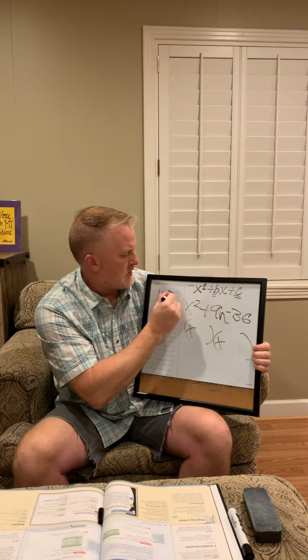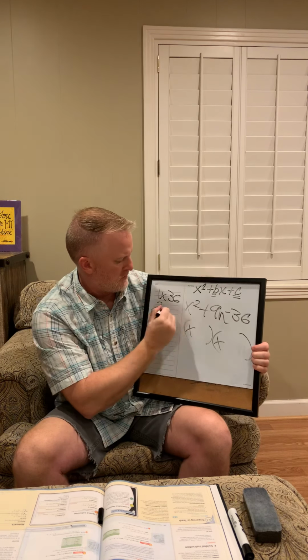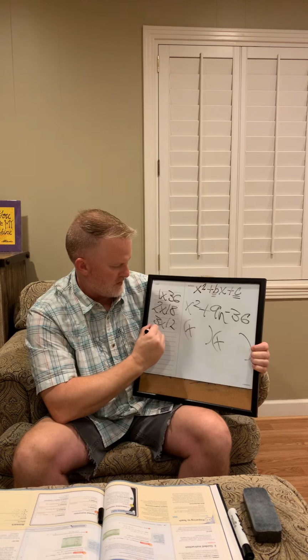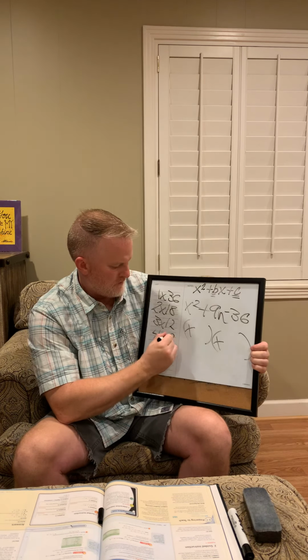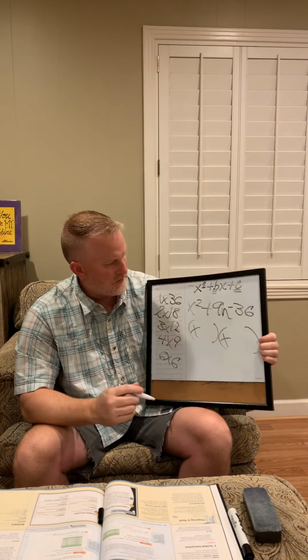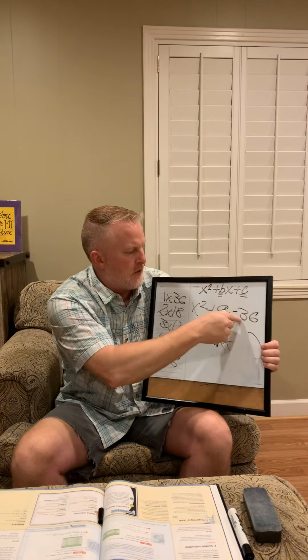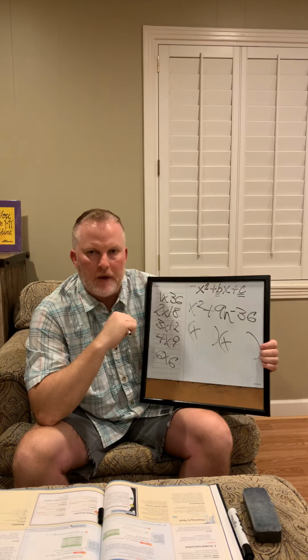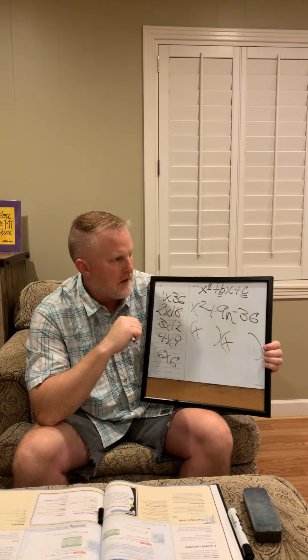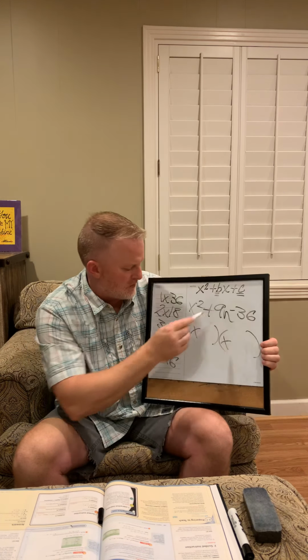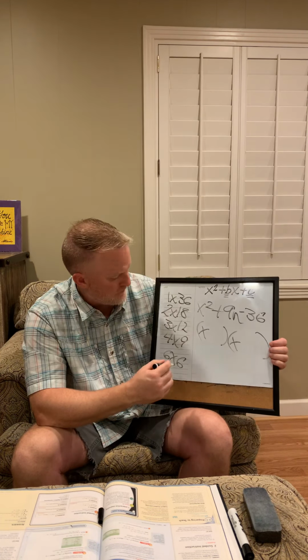So for 36, I can do 1 times 36, 2 times 18, 3 times 12, 4 times 9, 6 times 6. But for 36 to be negative, one of the factors in each one of those pairs would have to be negative, right? So I need one negative factor, one positive factor that would give me a sum of 9.